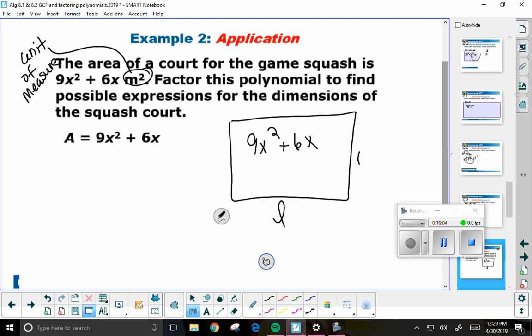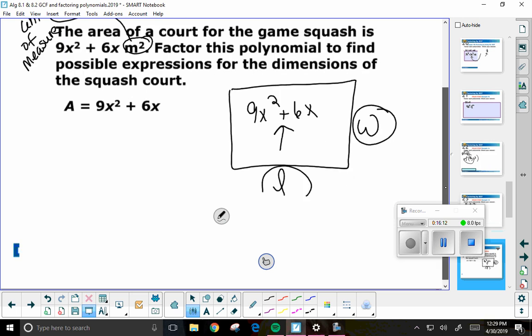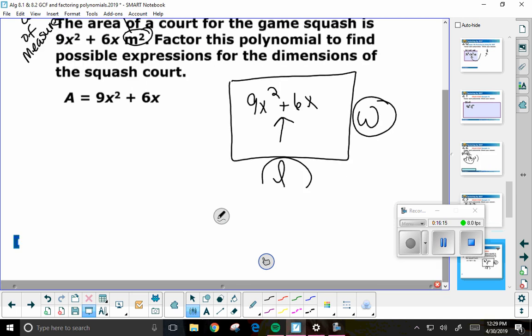So L times W will give me that area. Or in other words, whatever this is, times whatever this is. And how can I figure that out? Well, I'm going to look for the greatest common factor in 9 and 6. That's 3. And then there's also an x in there, so 3x. What do I multiply 3x by to get 9x squared?